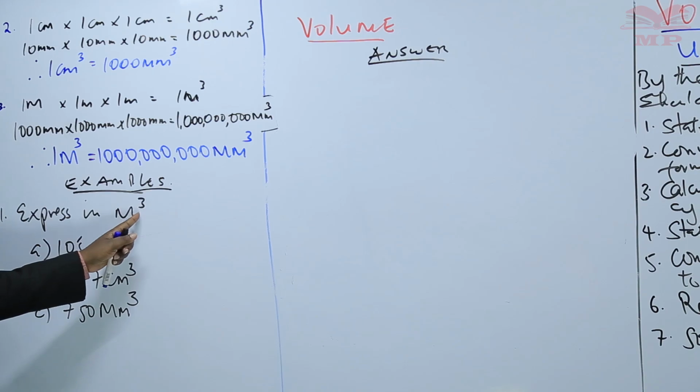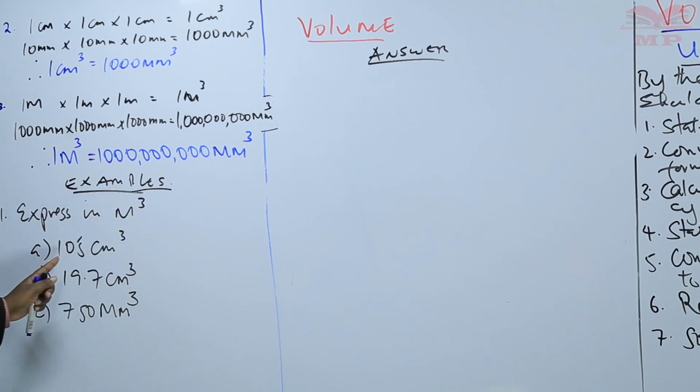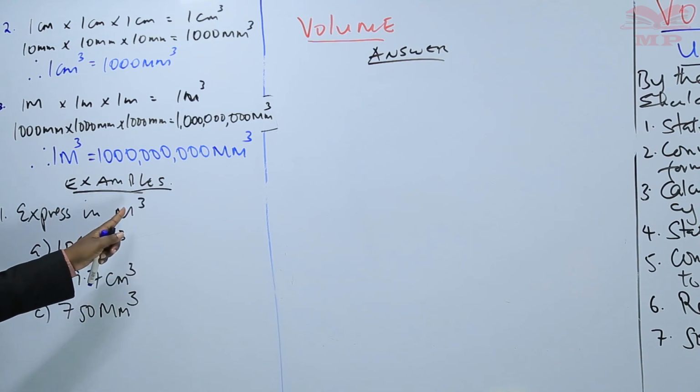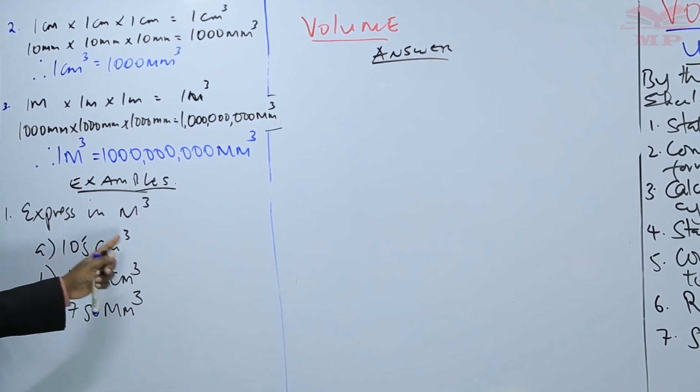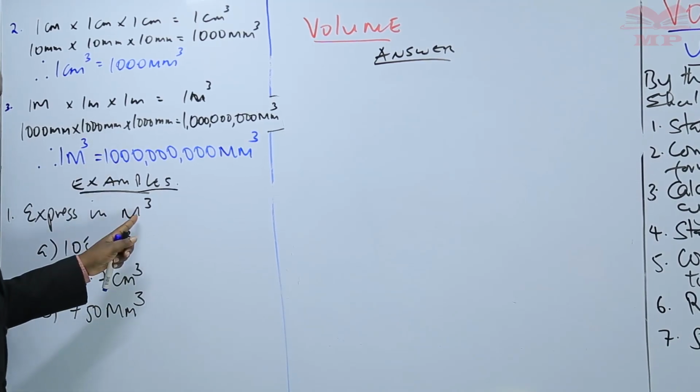We want to express 105 cubic centimeters into cubic meters.